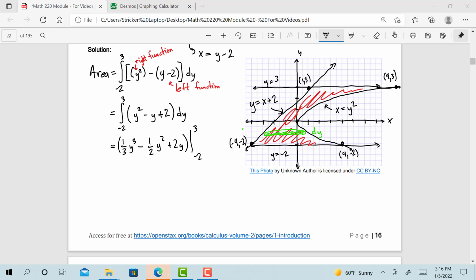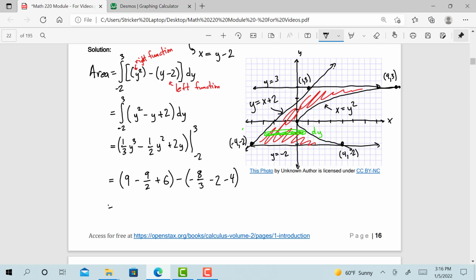And then when we go ahead and plug our limits in, we get 9 minus 9/2 plus 6. And we plug in -2, and we get -8/3 minus 2 minus 4.